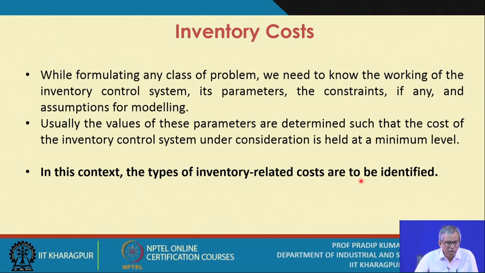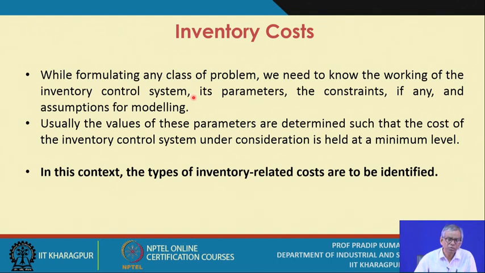So while formulating any class of problem, we need to know the working of the inventory control systems. How does it work? Suppose I say there is a perpetual inventory system. The first thing you must know is how it works. And many a time we add one more thing: I need to explain my inventory control problem related to a particular item.